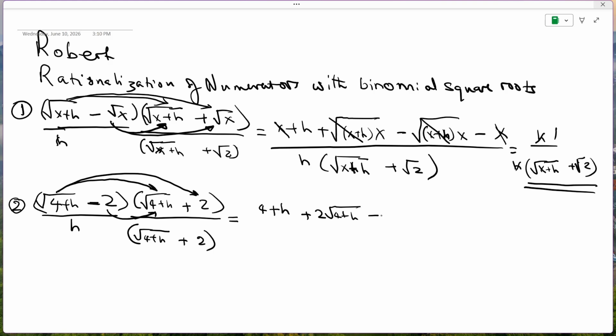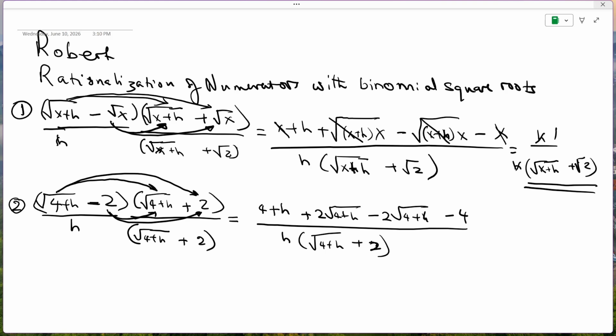So this one will be minus 2 root 4 plus h. And then you'll have to multiply minus 2 by positive 2, which will give us negative 4. And all this will be divided by h multiplied by root 4 plus h plus 2.